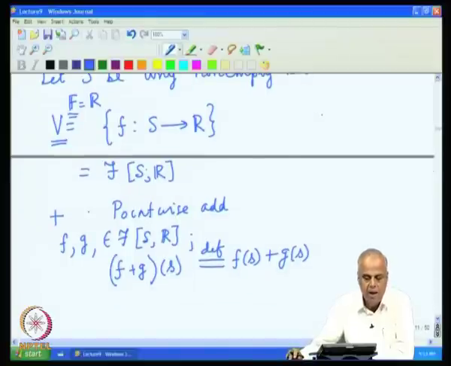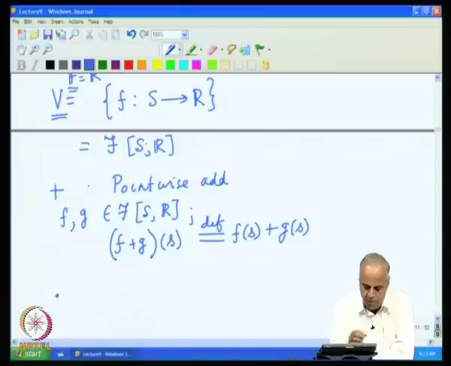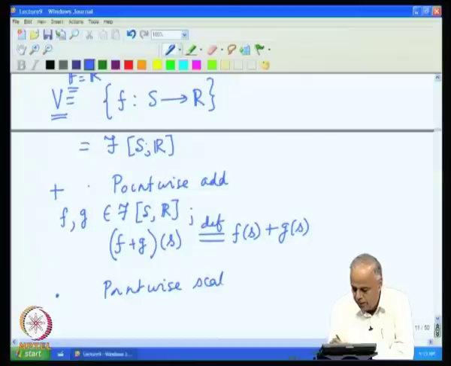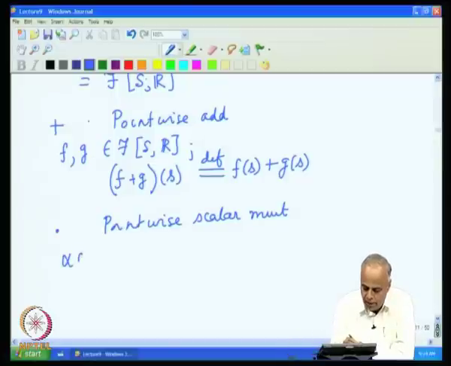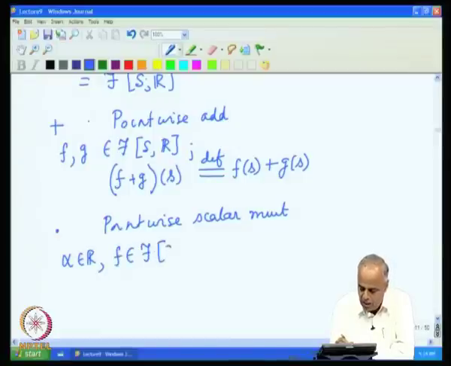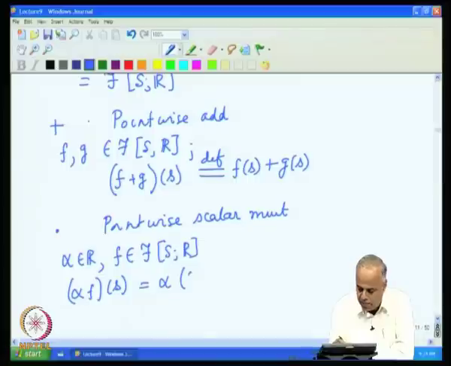So, we have the addition operation, and we have pointwise scalar multiplication. What does that mean? We have alpha in R and f in F(S,R), then alpha f is the function whose value at any point s is alpha times f(s).